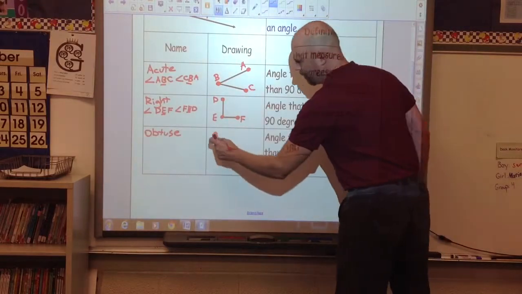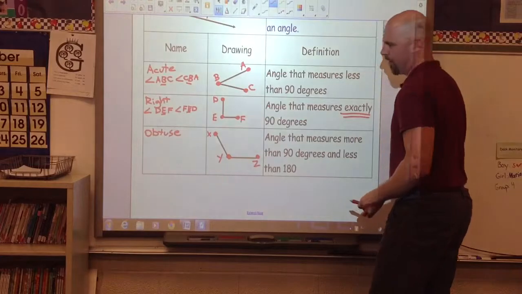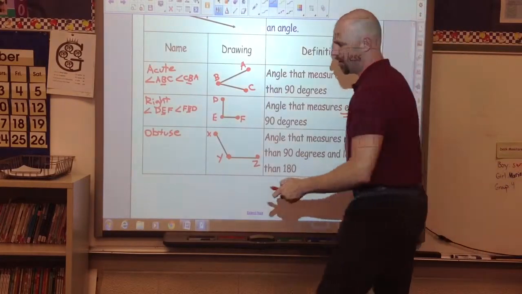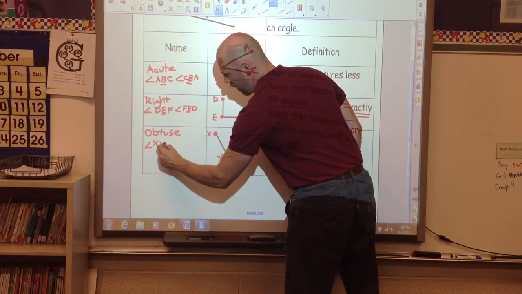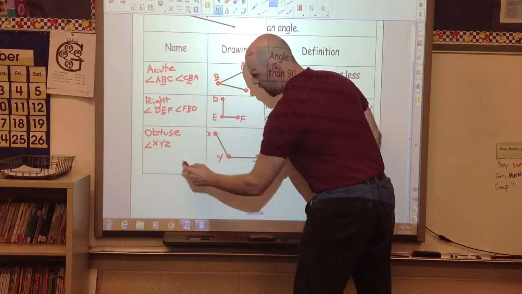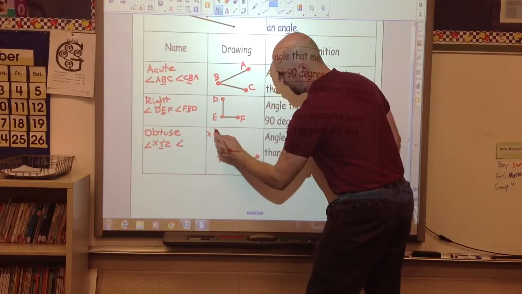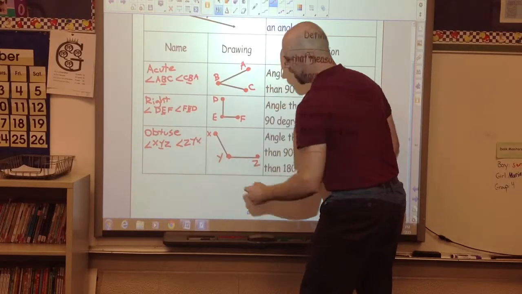And why don't we call him X, Y, Z. And when we name him again, just like we did with the other angles, we're still going to use an acute angle as our symbol. So we're going to draw that, X, Y, Z, because Y is in the middle. And I can reverse course and go backwards on this angle, Z, Y, X.